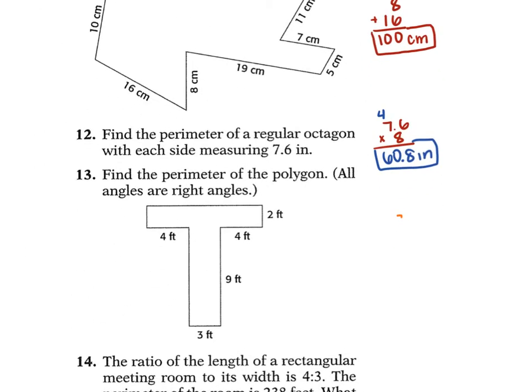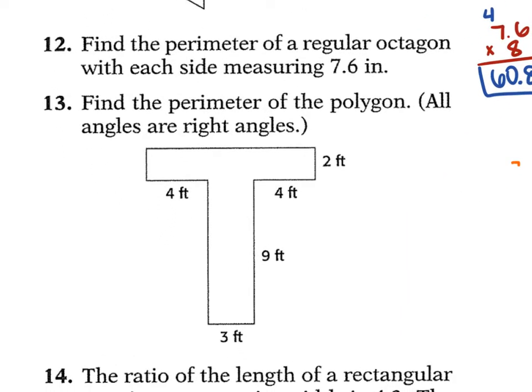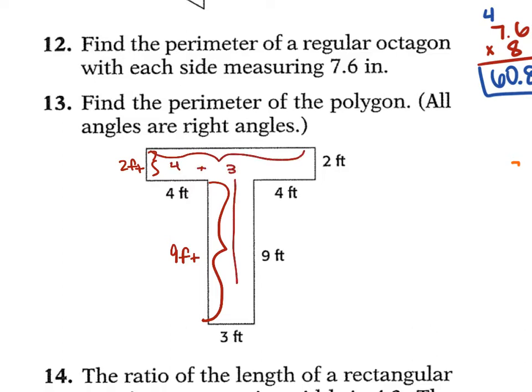13 says find the perimeter of the polygon. All angles are right angles. So we are missing a couple side lengths. The one that is here is 9 feet. The one that is here is 2 feet. And then the length here is 4 plus 3, which is down below, plus 4.